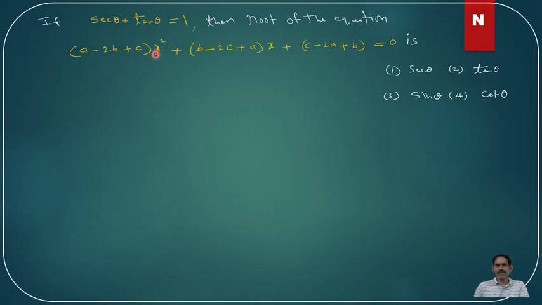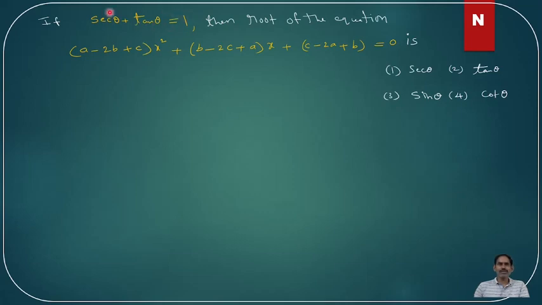If you observe, substitute x equals 1. When you substitute, a plus a is 2a, minus 2a gets cancelled. Similarly b plus b, 2b minus 2b, and c plus c, 2c minus 2c cancel, which means x equal to 1 is a root of this equation.